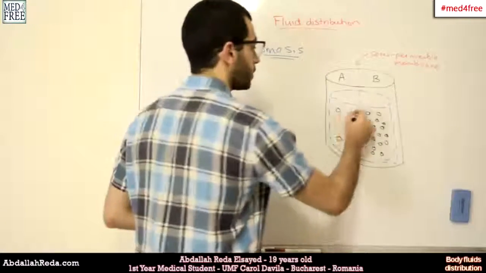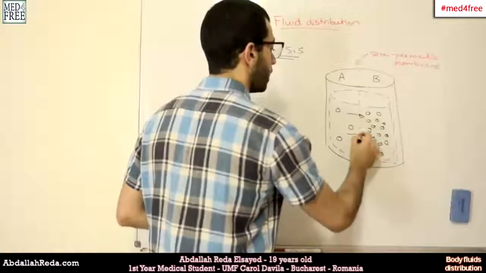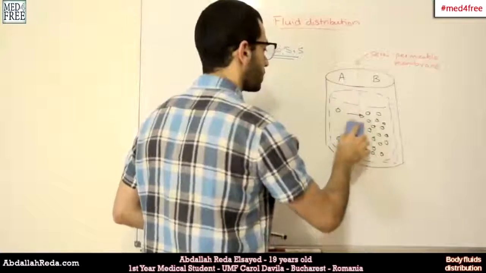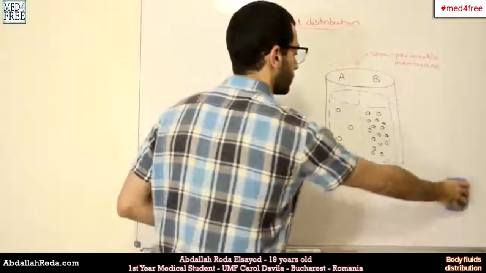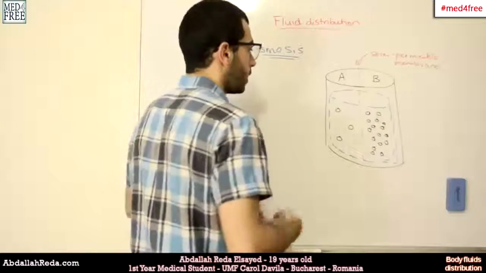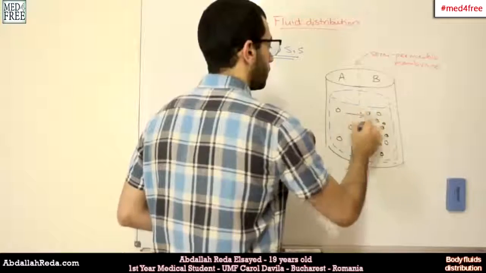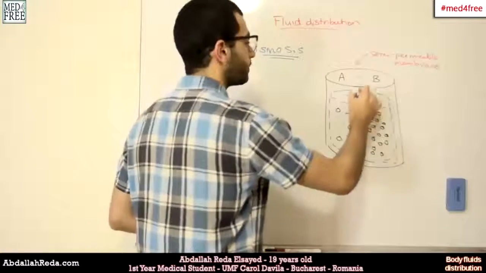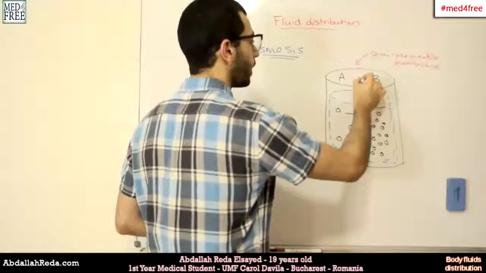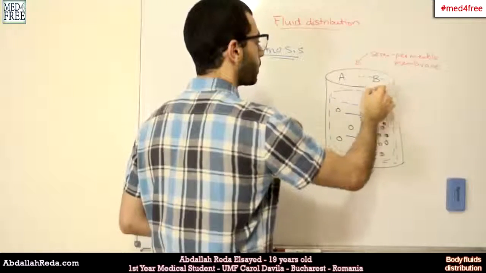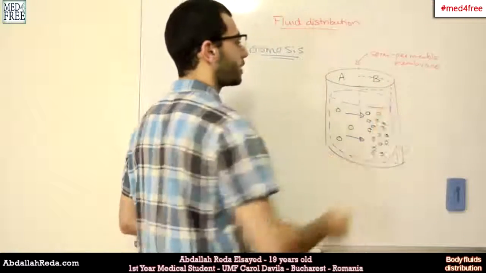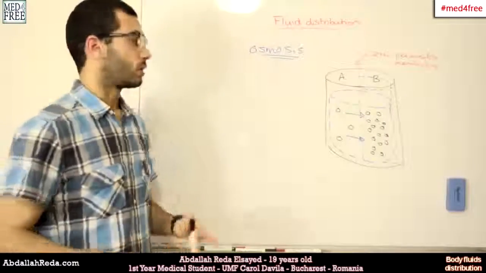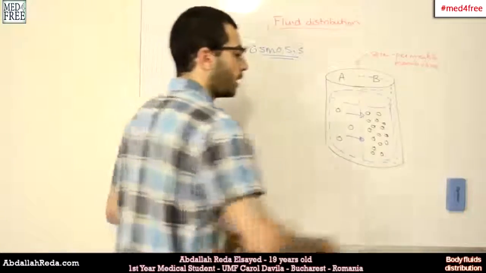So water goes this way, like this, or let's put it in blue because black here is for the particles. So this is the direction where the water goes, and accordingly the level of water will rise on this side. This is how osmosis works.